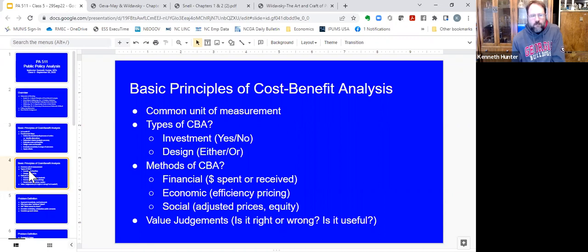And so, for example, in public transportation, the most common measurement that is used to track the efficiency of public transportation operations is dollars per mile per passenger.